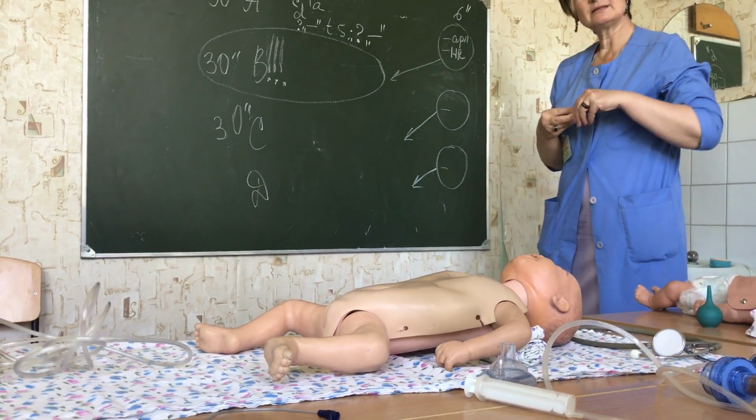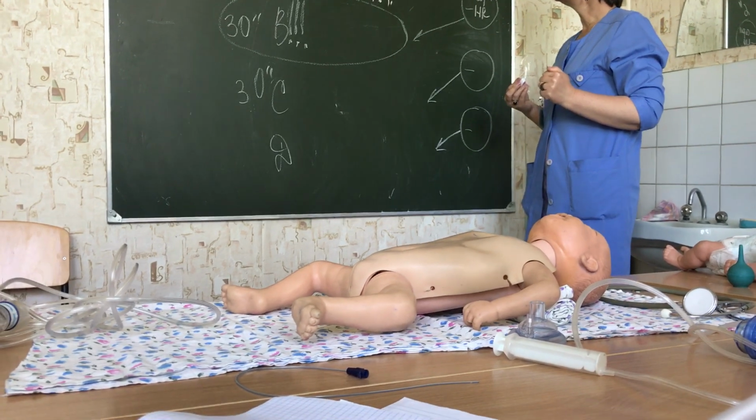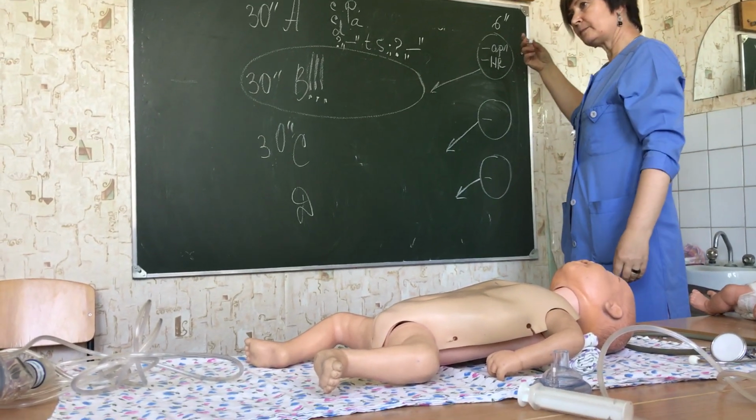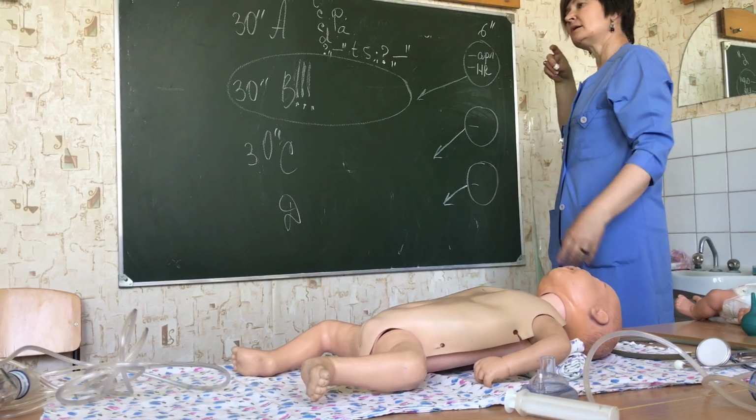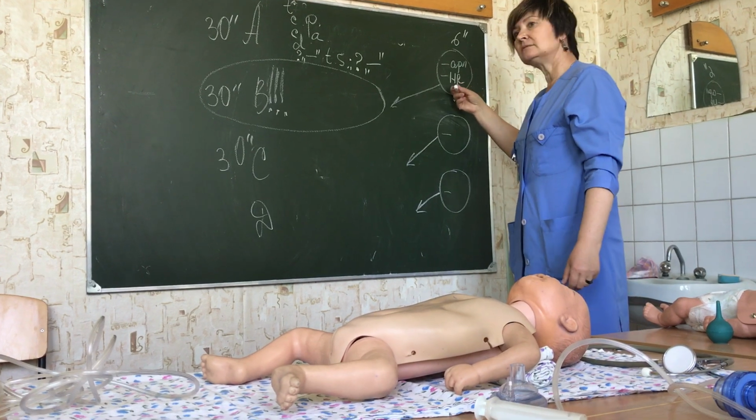This is 1/10 of a minute, and then you add only a 0 to the number you counted in 6 seconds, and you have the heart rate result.